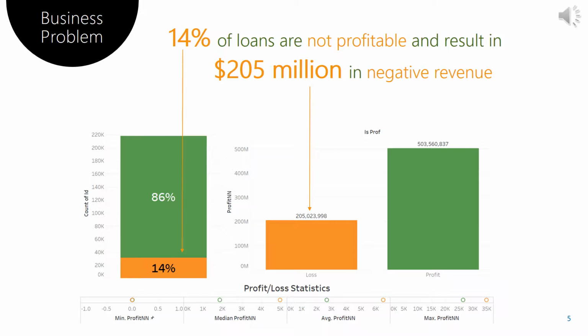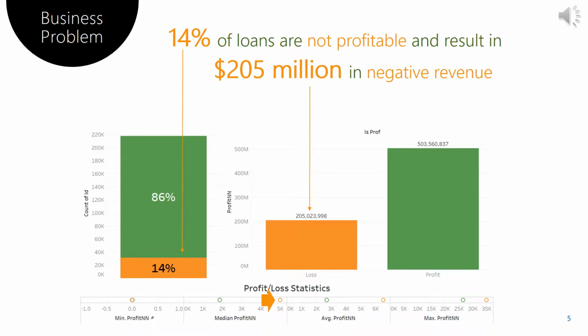Just to give you a little more insight into the data, if you look at the loans individually, the minimum profit and minimum loss, as you might expect, were both around $0. The median profitable loan comes in around $2,000, the non-profitable at $5,000.